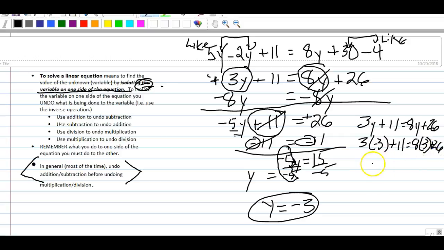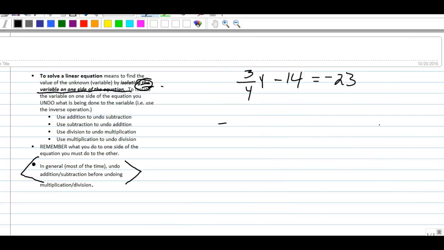Now if I did this correctly, when I simplify the left side and the right side, the left side should be equal to the right side. So that's minus 9 plus 11 is equal to minus 24 plus 26. Minus 9 plus 11 is 2, and minus 24 plus 26 is 2. Checks out.